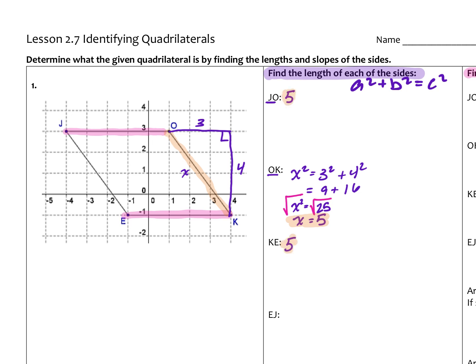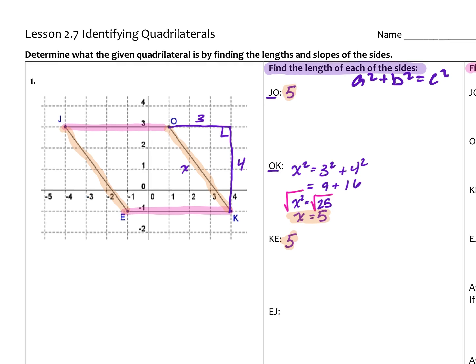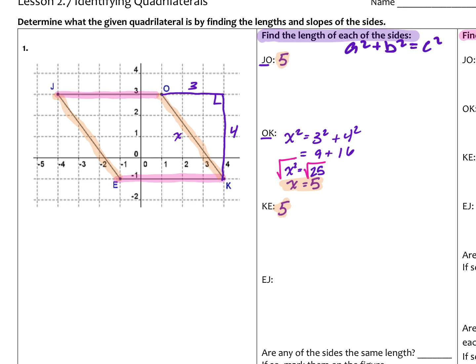Okay, so now I'm going to find the length of EJ. So how am I going to find that length? I'm gonna make a triangle, right?